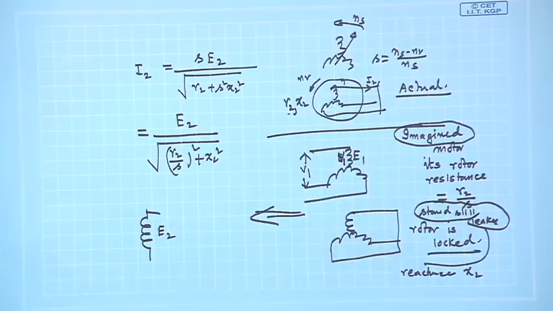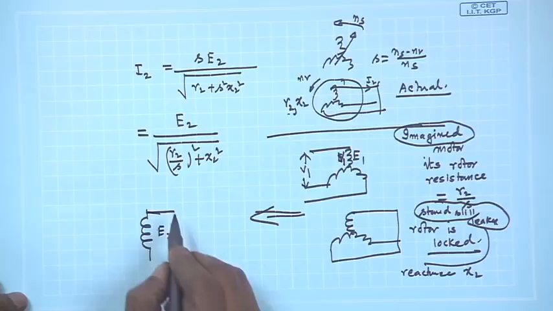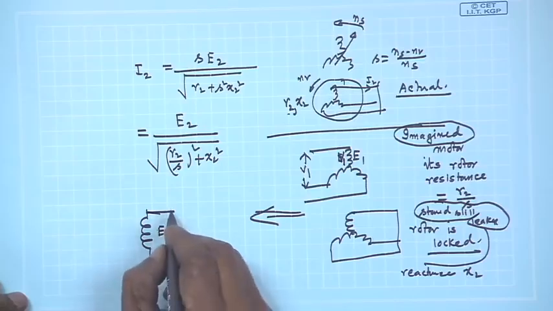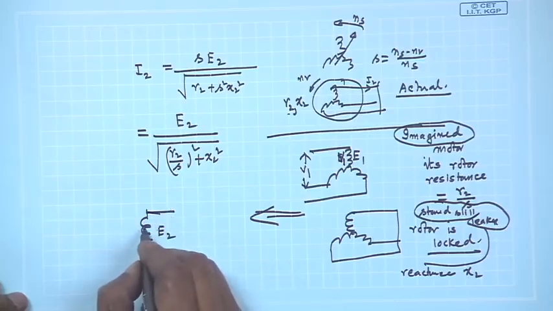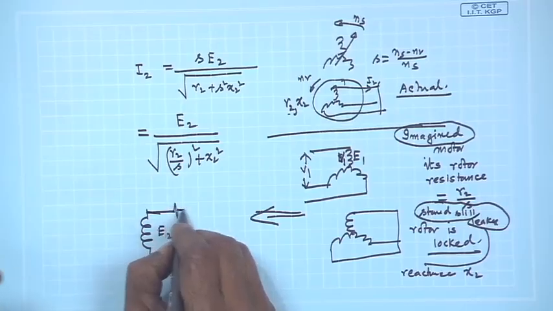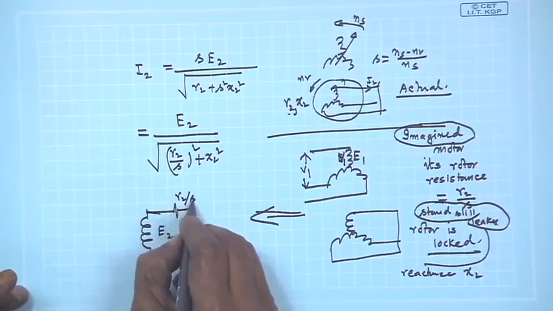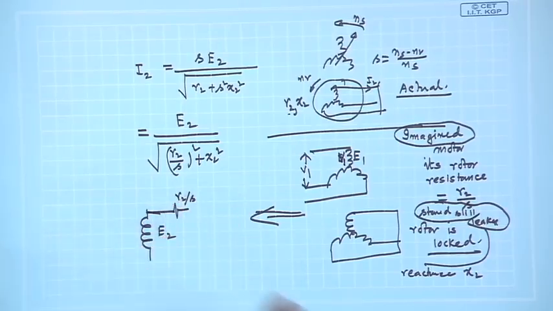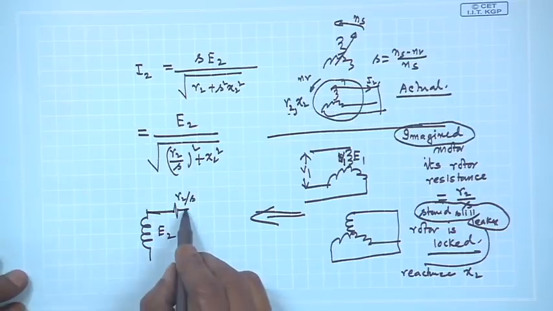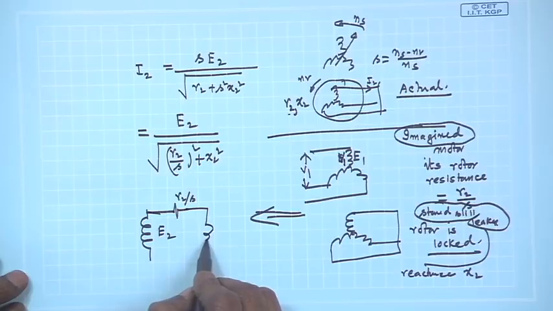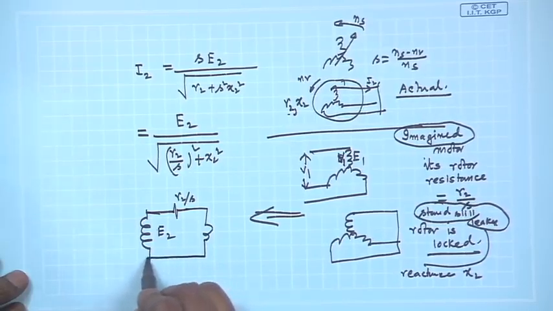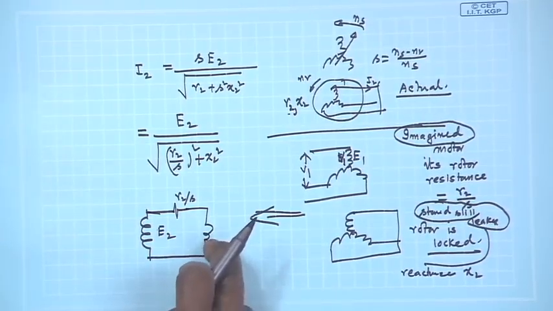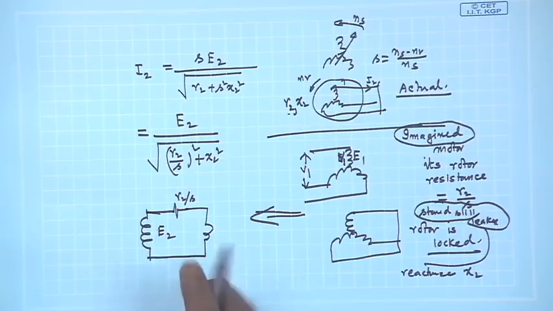This rotor is at standstill, let us imagine, and then it is closed. What is the resistance per phase of the winding? I have told you it is R2 by S, a fixed number for this machine, and there is a leakage reactance here. What is its value? I should write X2.